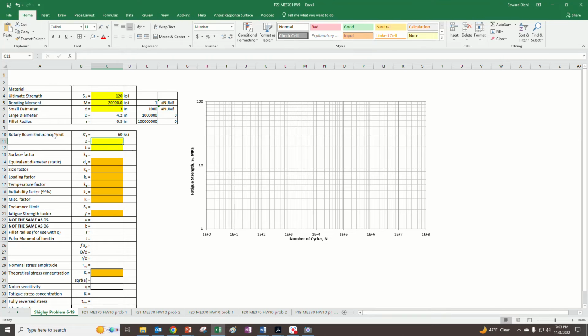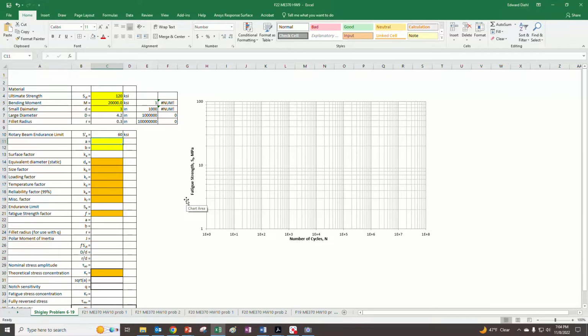And A and B, by the way, I'm going to get rid of that label. This is going to be the A and the B that come from the book based on the surface condition factor. I used the 11th edition for this, so we're going to have a slightly different thing from the 10th edition.